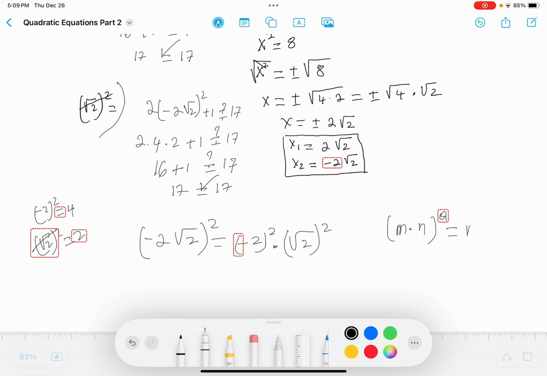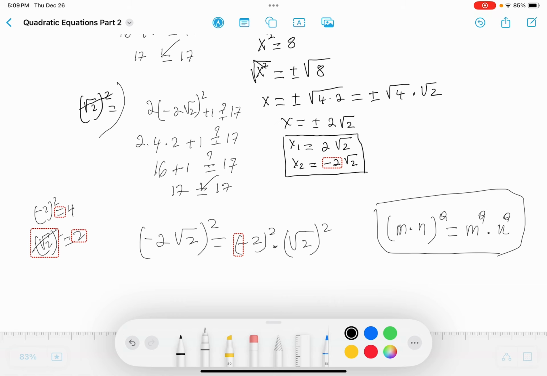That will be m to the power a times n to the power a. That's what I did. m is negative 2, n is the square root of 2, and a is 2. So each of the factors, negative 2 and the square root of 2, is raised to the same power. That's why I used this formula when I raised that to the second power.